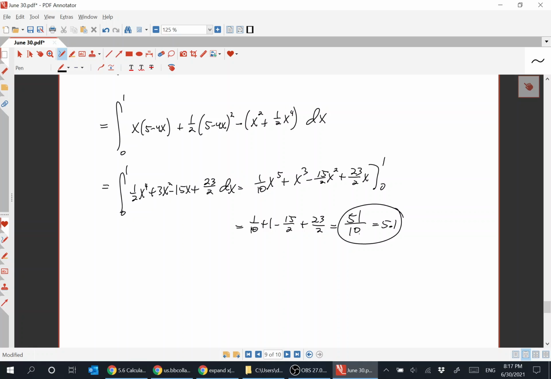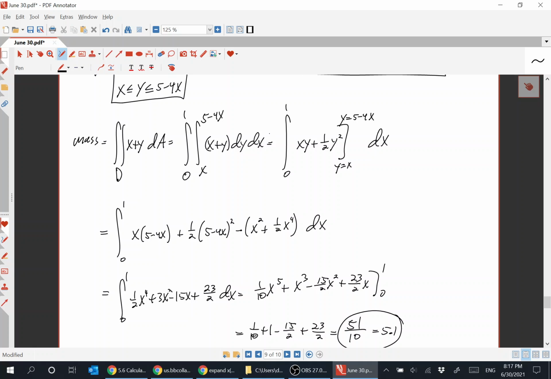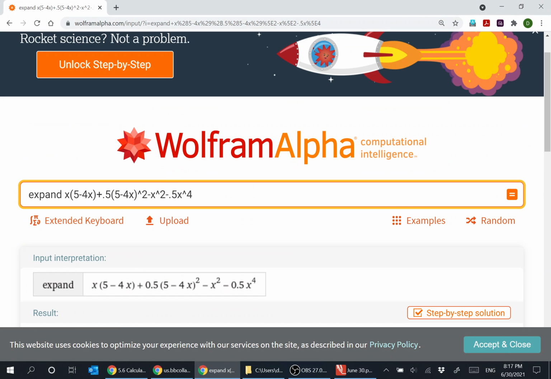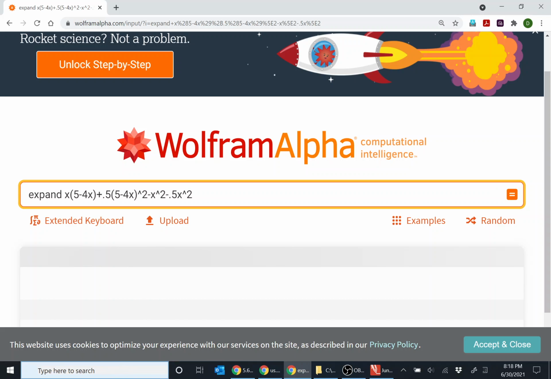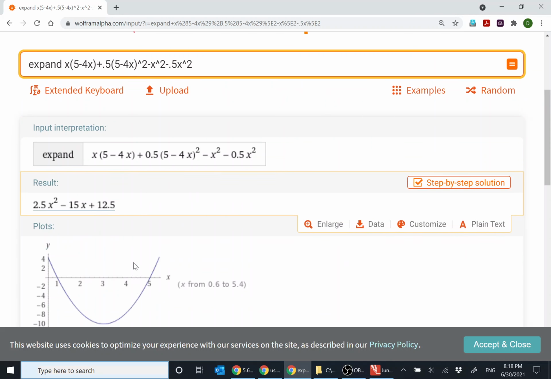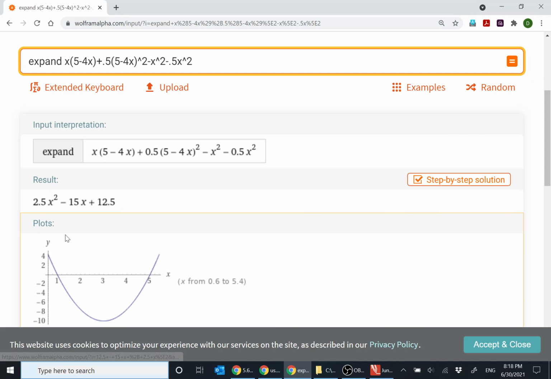Oh, did I make a mistake up here, didn't I? This is x squared. There it is. 2.5 x squared minus 15x plus 12.5.